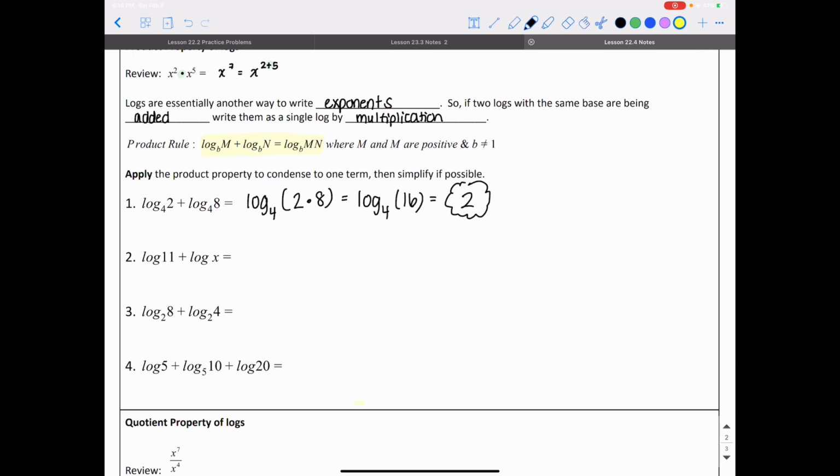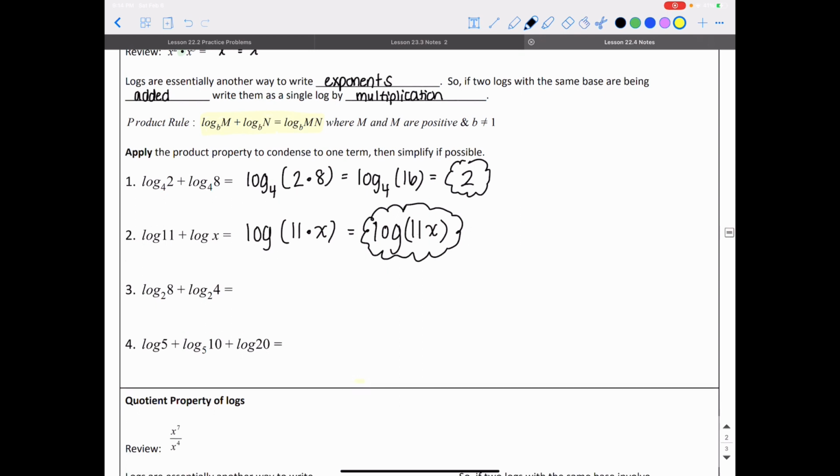For log of 11 plus log of x, those are base 10. They're both base 10, so I can combine them. I can do log, I don't have to write base 10, of 11 times x. Since I don't know what x is, I can't really evaluate this any further, so I'm just going to write log of 11x, and that's my answer. For log base 2 of 8 plus log base 2 of 4, I know these are the same base, so I can combine them.